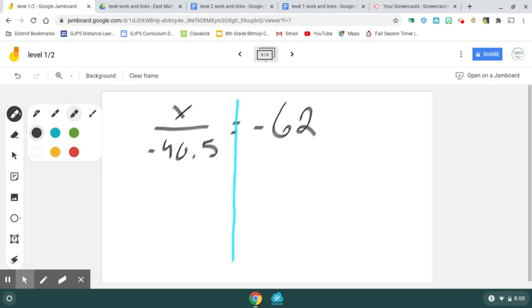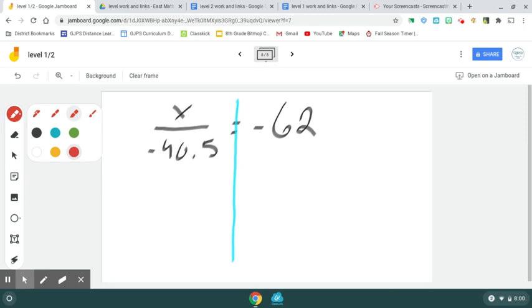So this time I'm going to write it a little bit differently, okay? So we still have x divided by negative 40.5. Now what I know is that that divide sign means division, that fraction line means division. So the opposite of it is multiplication.